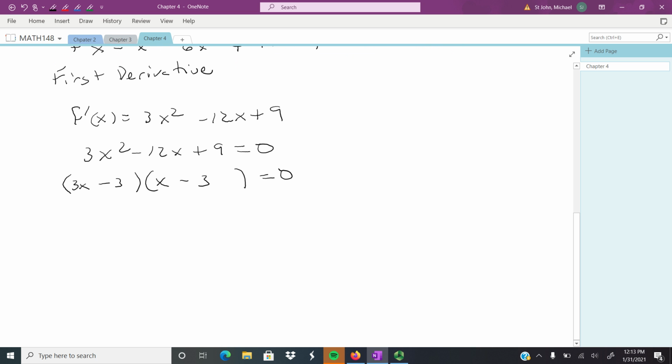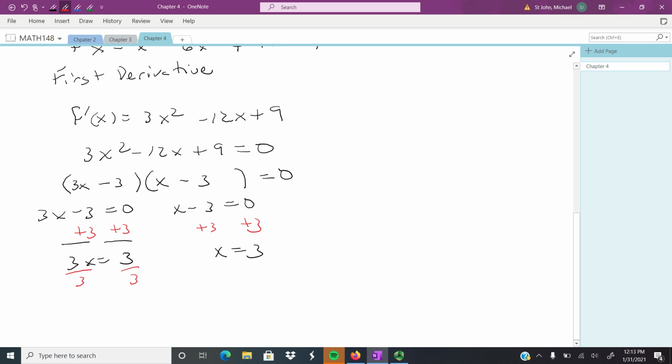And then I can take each one of these, so either 3x minus 3 equals 0, or x minus 3 is equal to 0. Solve each one of these, so here I'm going to add 3, and here I'm going to add 3. So this is going to give me 3x equals 3, and this one will give me x equals 3, and then here I can divide, and x is 1. Right.